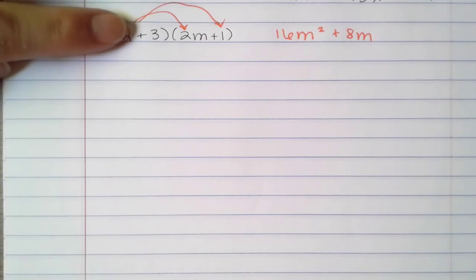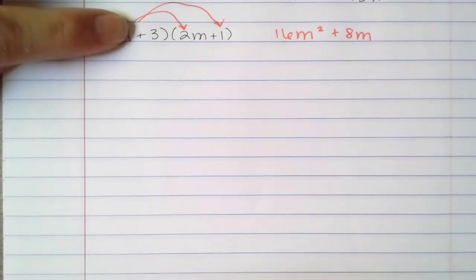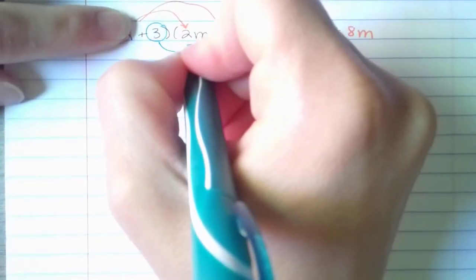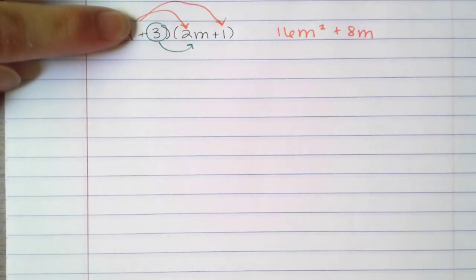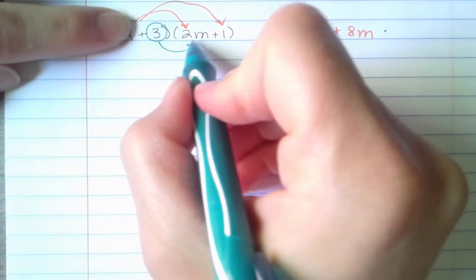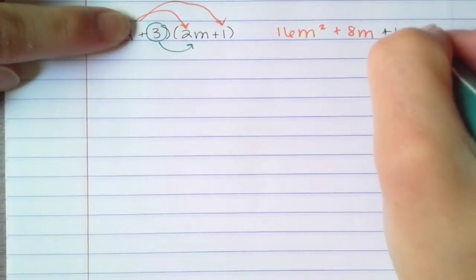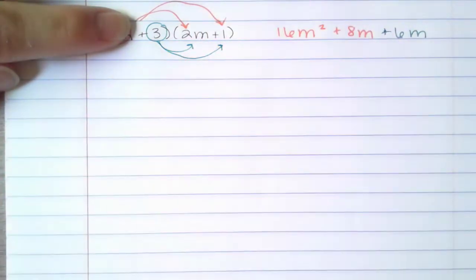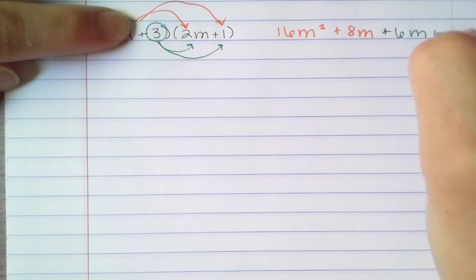We're going to pretend that's not there, and we've already taken care of it. So we'll take that 3 and multiply it by the 2m, which is 6m. 3 times 2. And then multiply it to the last term. 3 times 1 is 3.